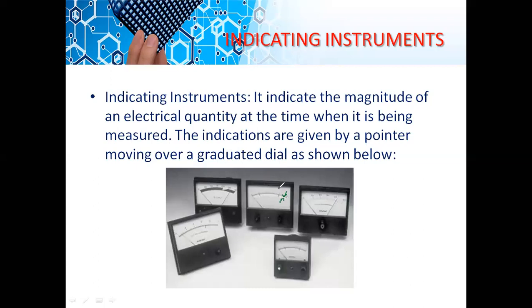Human error, gross errors. Reason for one of the gross errors. And this is the pointer. And these are the terminals where we are going to connect the meter in the circuit. You can see the pointer here.